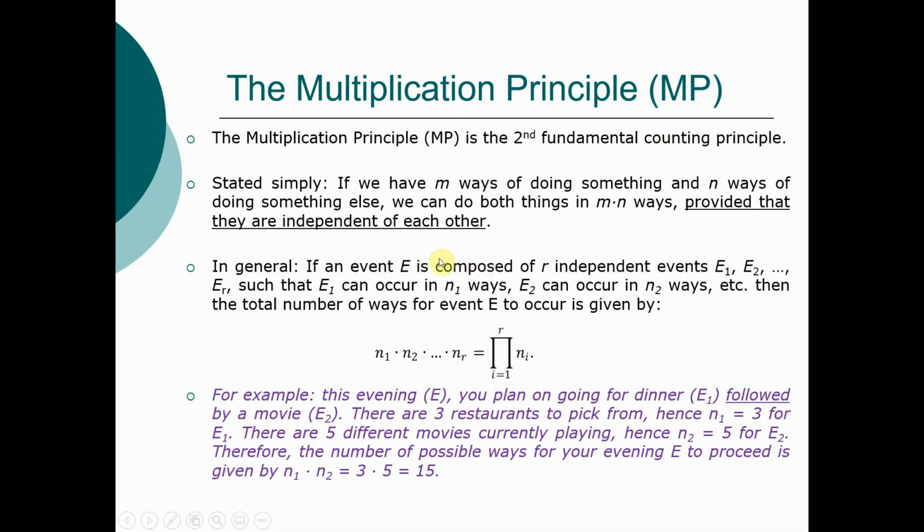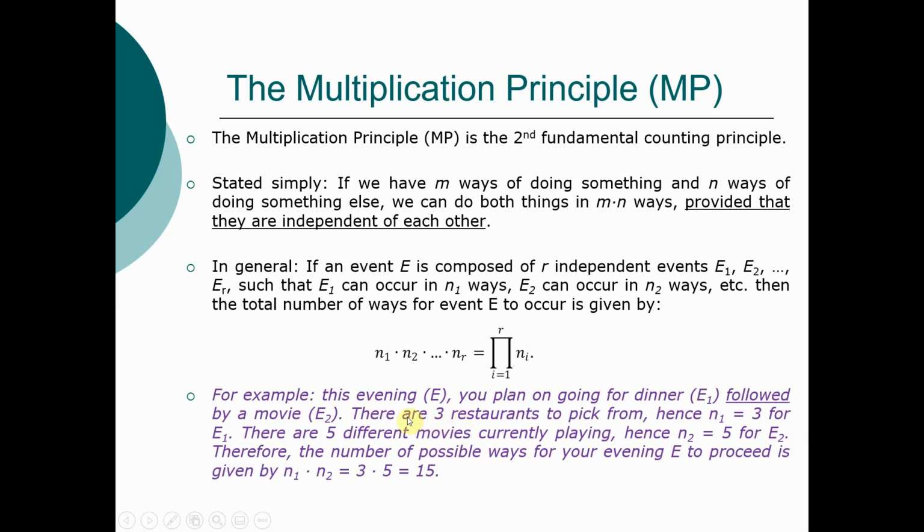Okay, as an example, let's assume that this evening you are planning to go for dinner followed by a movie. So you're going to do both tasks, and the choice of your dinner is not going to affect what movie you want to watch, or the other way around. The choice of your movie is not going to affect what you're going to eat.